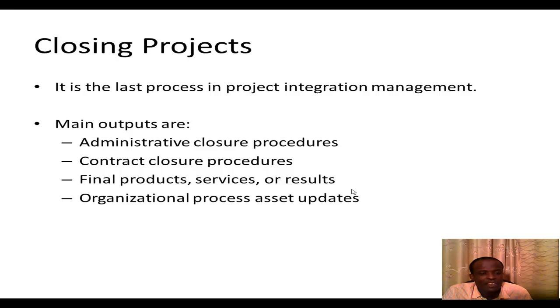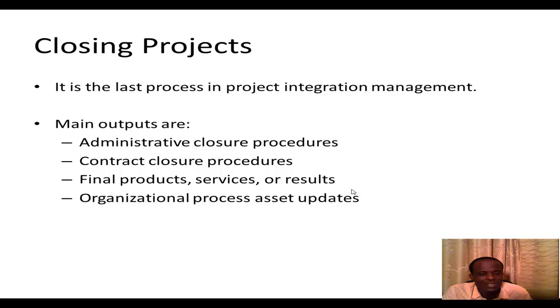And the main outputs of closing projects include administrative closure procedures, contract closure procedures, final product results or final product sales or results, and organizational process asset updates. Now, if you take administrative closure procedures, any documentation must be formally looked at, signed, and so on.